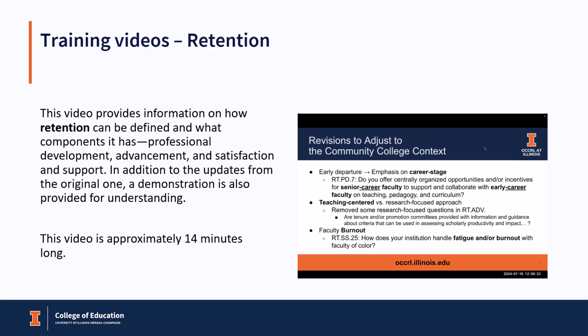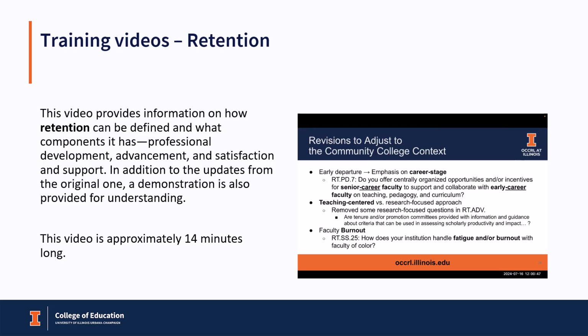So we revised some of the questions based on community college leaders' feedback on the original tool. The first change is that we used senior career faculty and early career faculty instead of senior faculty and junior faculty. Most community colleges have no tenure system, and many faculty members make annual contracts with the institution.